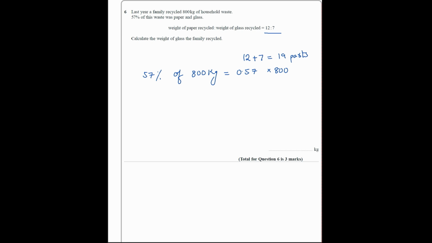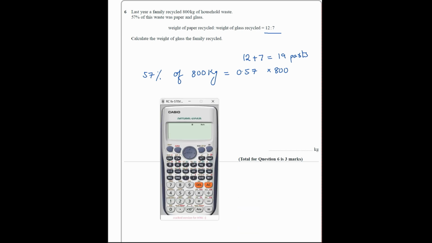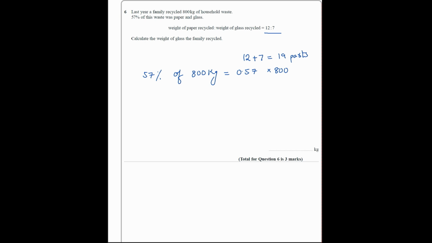If you do this calculation in the calculator, 0.57 multiplied by 800 equals 456. So 456 kg of paper and glass.